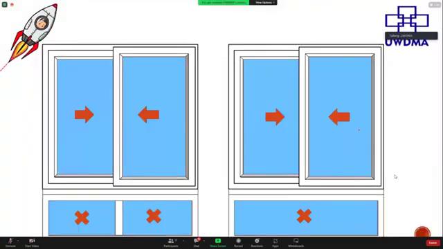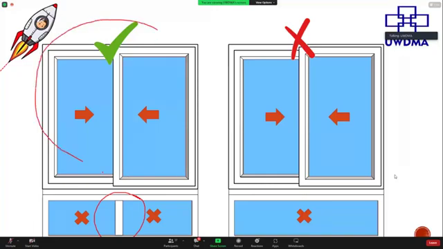So now we are having two options here. Many times we do have this option also: instead of top fix, we are having bottom fixed. But always remember one thing, whenever you are giving a bottom fix, then please try to give a mullion at the base. Because the entire weight of this window is coming here on the glass, so it's better to always give a mullion.